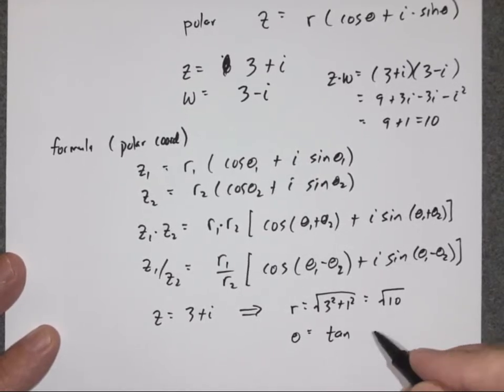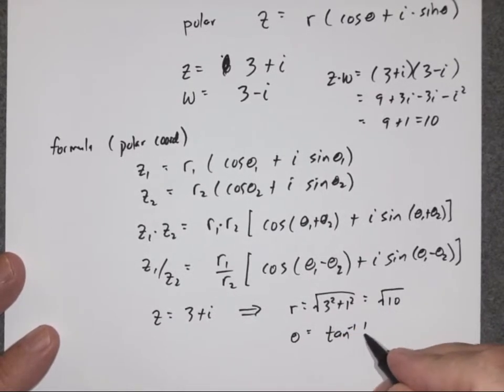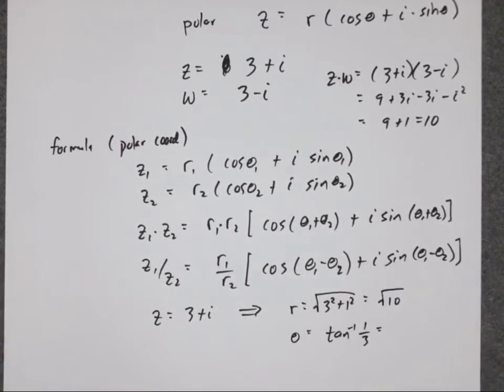Theta is the inverse tangent of y over x. So let's put this in degrees. We have to estimate it, but hopefully it'll be okay. Inverse tangent of 1/3.